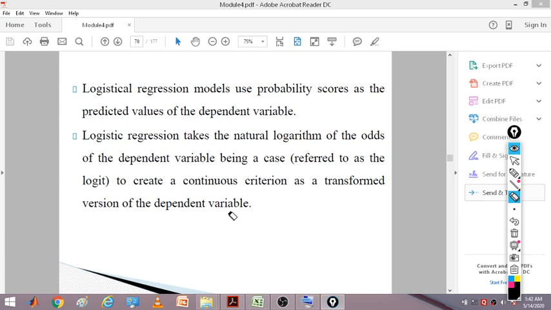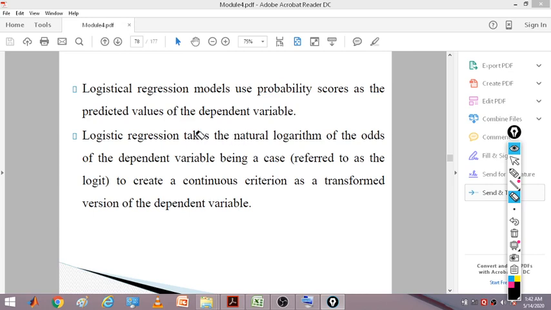But here, as I said in the previous slide, y, the dependent variable, is categorical. Categorical means it is either 0 or 1, yes or no. To make that dependent variable a continuous criterion, we can transform the dependent variable in the training example by applying some transformations on it.